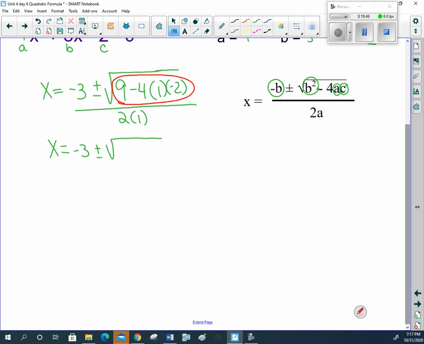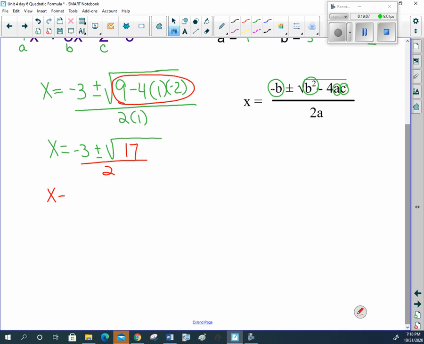So you would say 9, you could type it straight in your calculator if you wanted. 9 subtract 4 times 1 times -2 is going to give me 17. I want to be able to see that number right there, guys. And then 2 times 1 is 2. And now we're done. That's it.